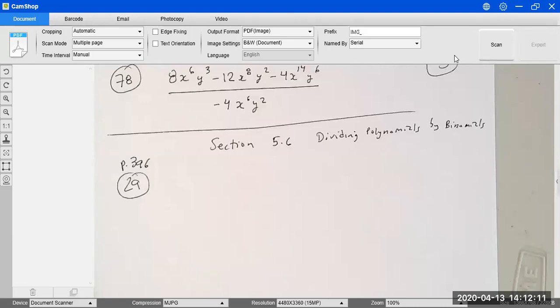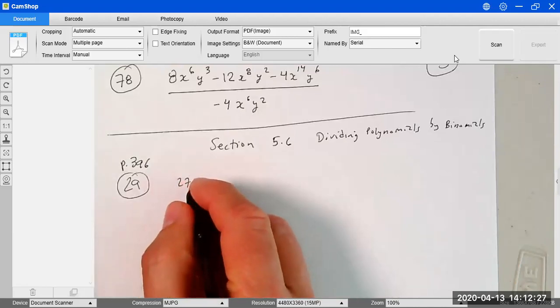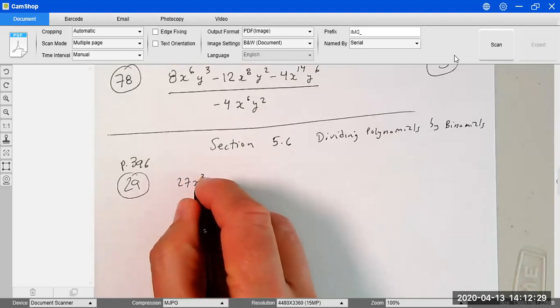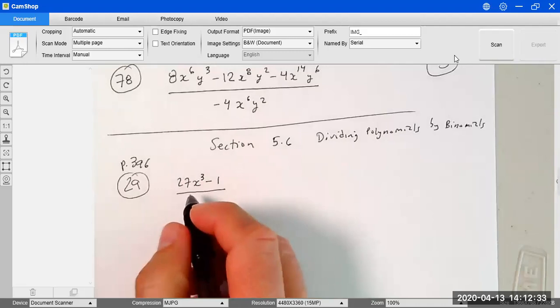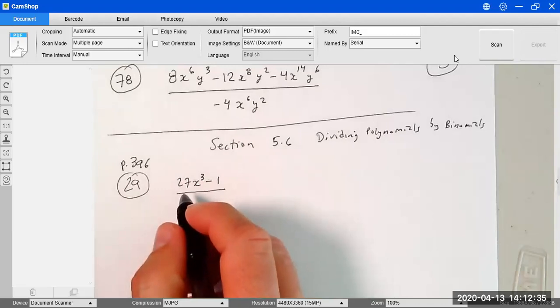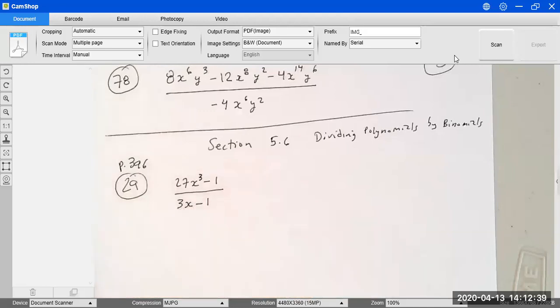Okay, now we're going to continue with problems from section 5.6, which are about dividing polynomials by binomials. So we have problem 29 from page 396. So this is just 27x cubed minus 1 over 3x minus 1.